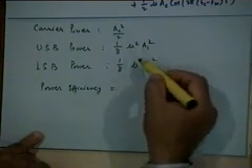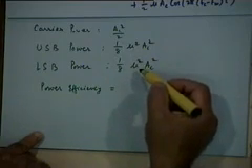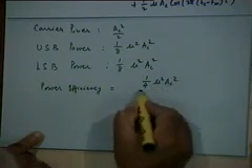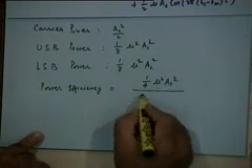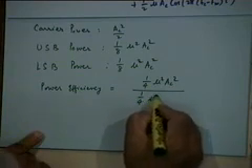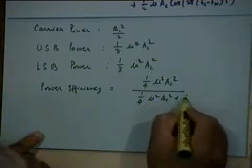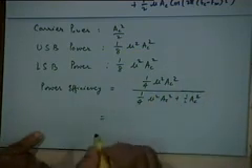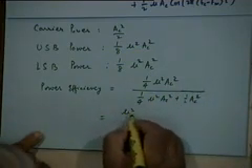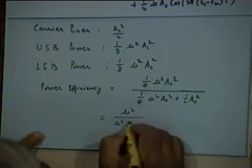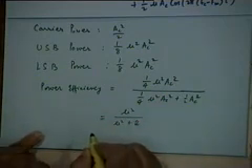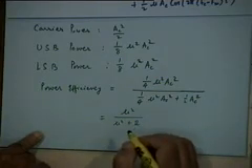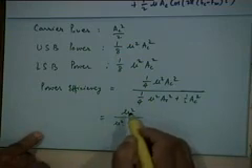It is this plus this, the power in the two sidebands, 1 by 4 mu square A sub c square upon 1 by 4 mu square A sub c square plus half A sub c square, right, in which A sub c square cancels off, and this simplifies to mu square upon mu square plus 2, right.